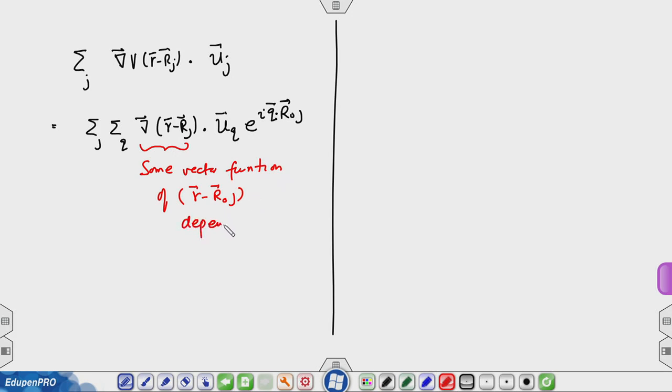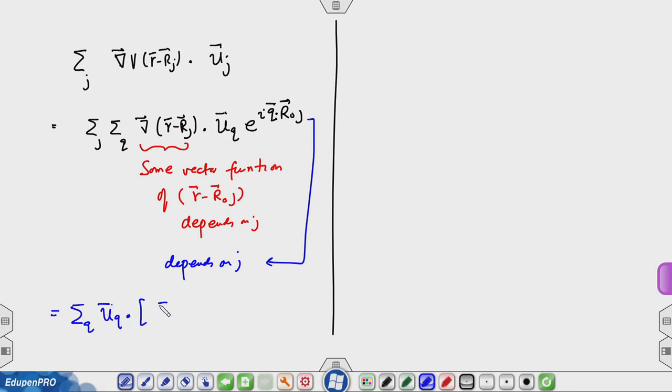This is the only term that depends on j, and this is the other term that depends on j. So I can write this term as summation q, u q dotted with, I can sum over j, some function of r minus r j, e raised to I q dot r naught j.